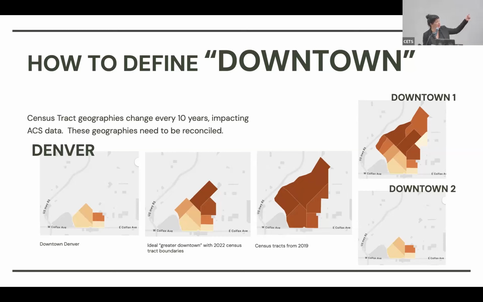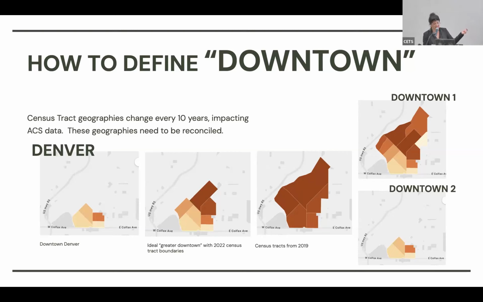So here's the city of Denver as an example. The first picture is very close to what the boundaries are of the CBD. And the second picture represents the ideal greater downtown geography. But picture 3, these are the census tracts from 2019, and they don't align. But in order to compare the population growth, you have to have the geographies be the same.